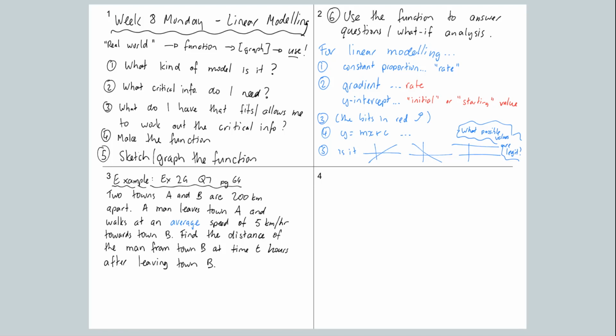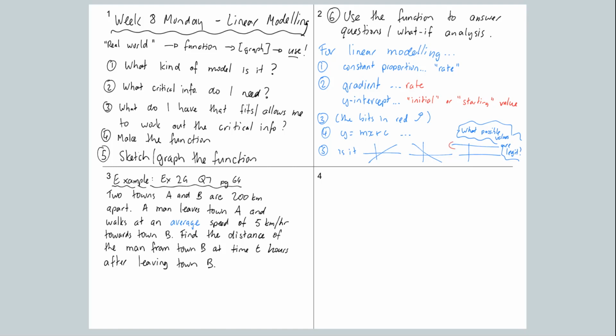So, for example, if I was doing a height versus distance away or something like that, it may be that talking about a negative height does not make sense in the context of the problem, or talking about a negative distance does not make sense, or talking about negative time does not make sense. Don't be quick to assume that it will never make sense. You should think carefully about the question, think carefully about the context, and then when you're drawing your graph, draw it accordingly. Okay, I'll leave that there.